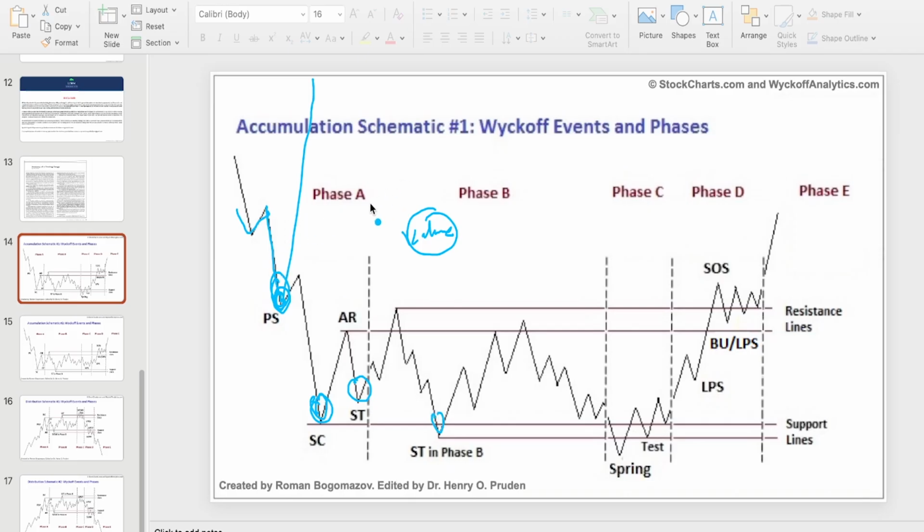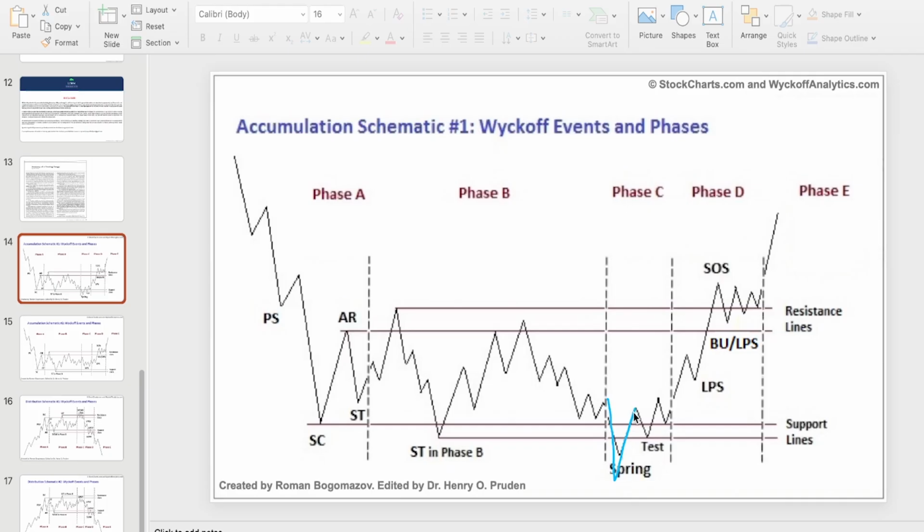They accumulate in bits and keep buying throughout the trading range until they see that all the supply has been absorbed, and then there's one final test to the downside to check for any available supply in the market, as in the case of a spring.